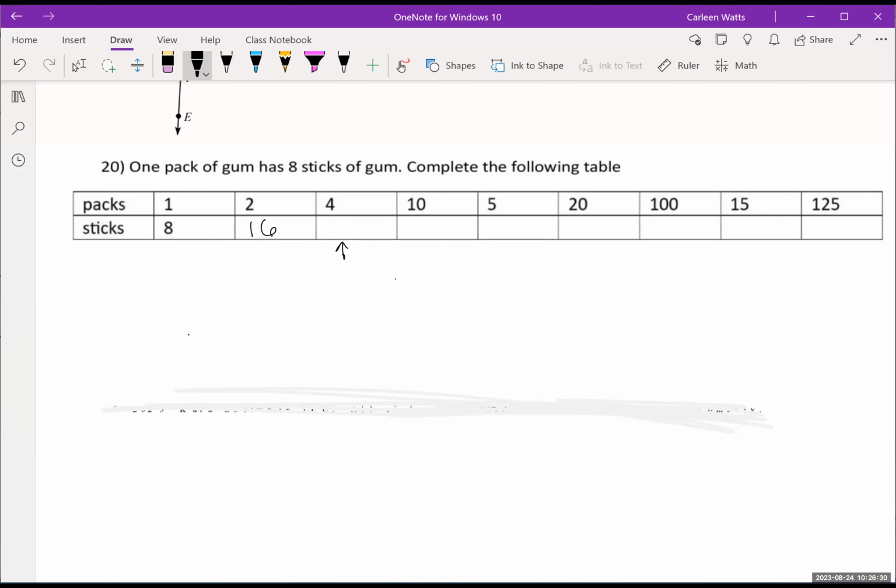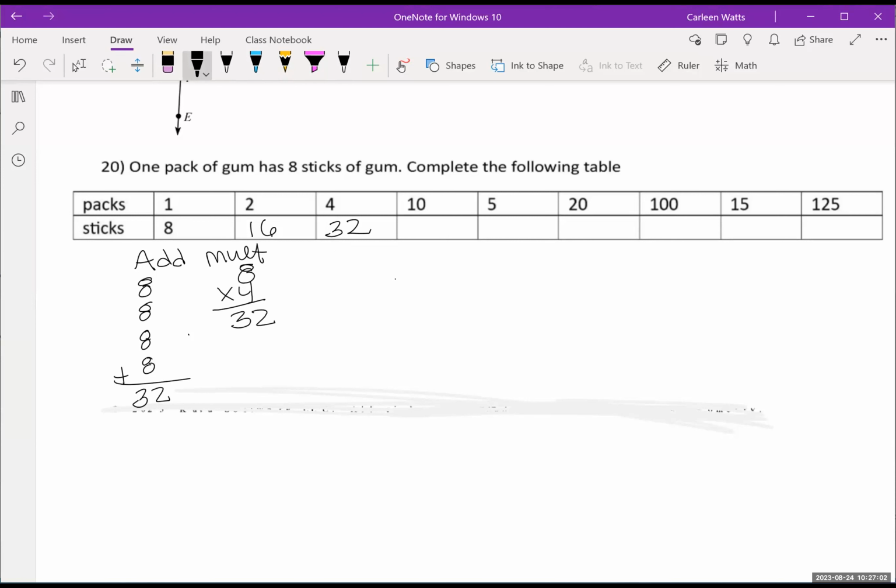How many sticks of gum in 4 packs? Okay, could we do that by adding? Yeah, 1, 2, 3, 4. Correct, 32. So I could get that by adding. How else could I get it? I could multiply, right? 8 times 4 is 32.